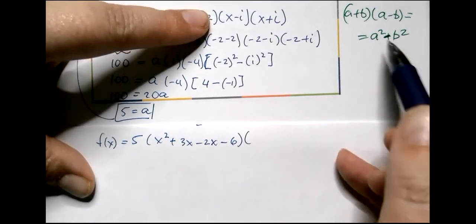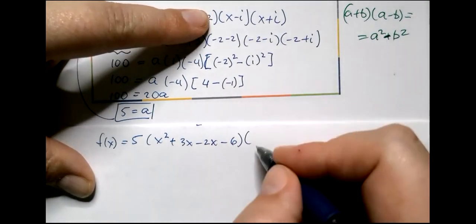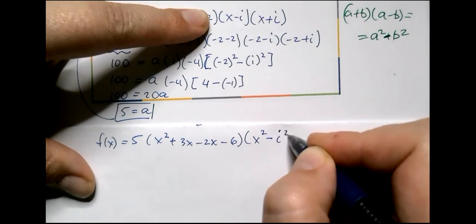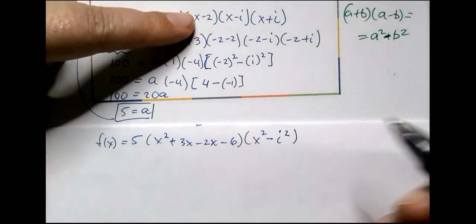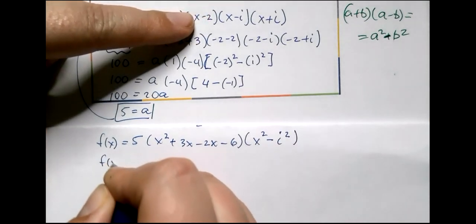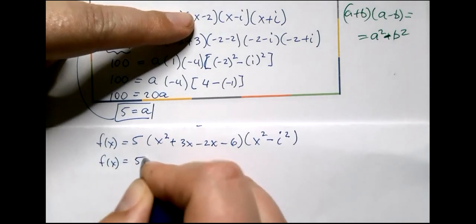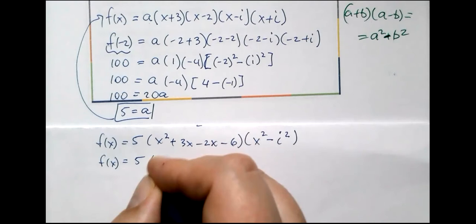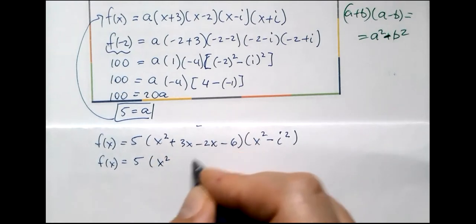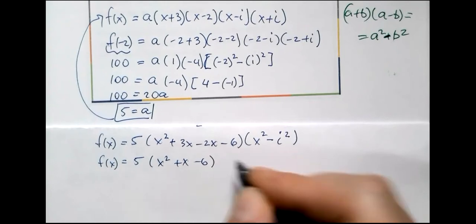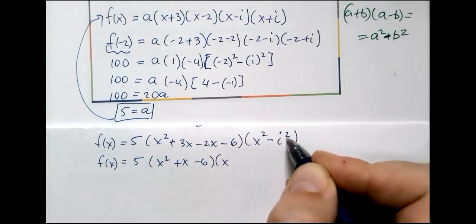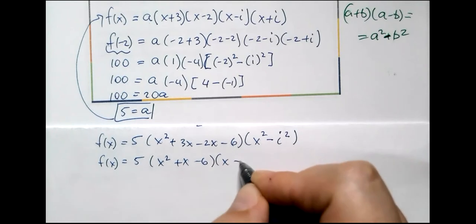Okay, so again, applying this formula gives us x squared minus i squared. So we have f of x equals 5, and then I'm going to simplify this. x squared plus x minus 6 and x.